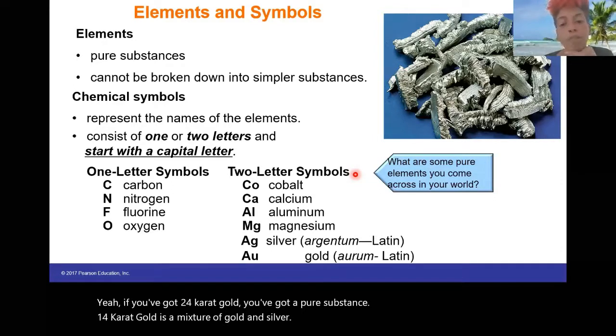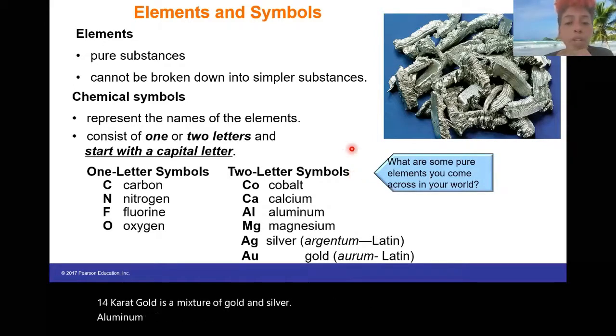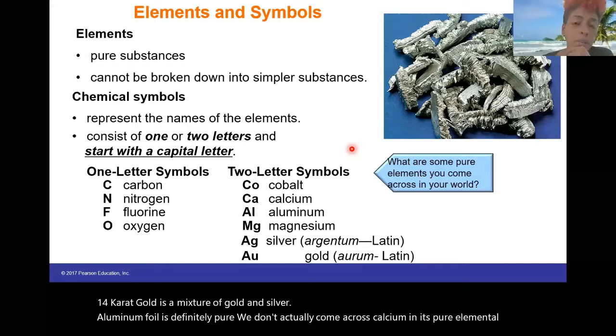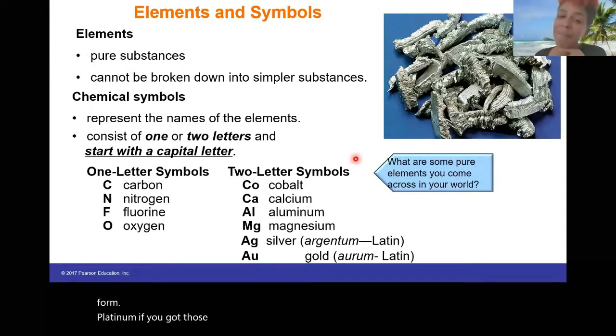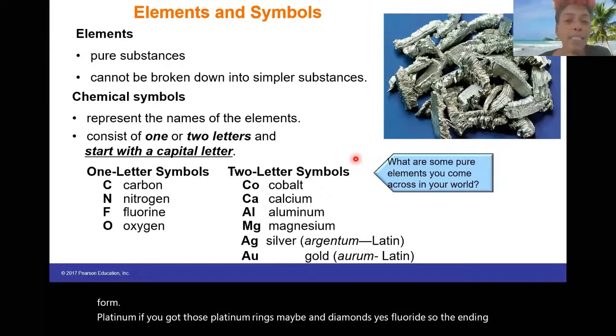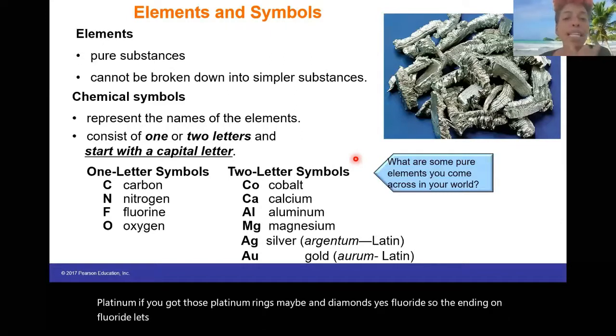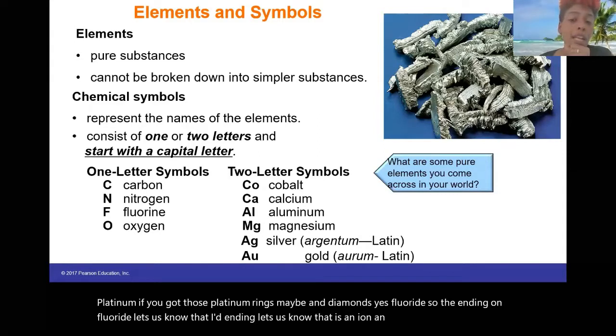So aluminum foil is definitely pure. We don't actually come across calcium in its pure elemental form. Platinum, okay, if you have those platinum rings, maybe, and diamonds, yes. Fluoride, so the "ide" ending lets us know that that is an ion and not an element.